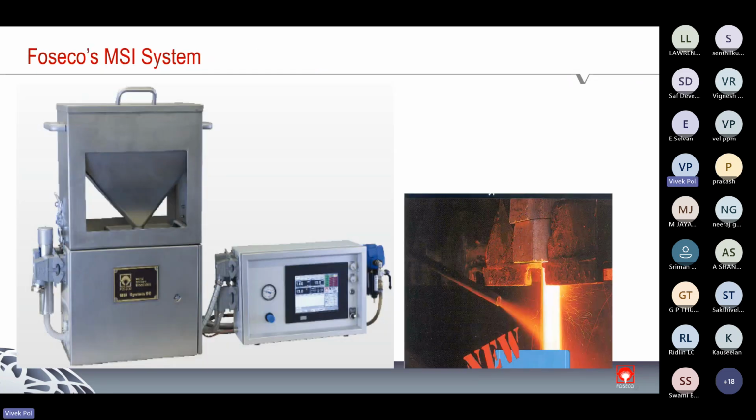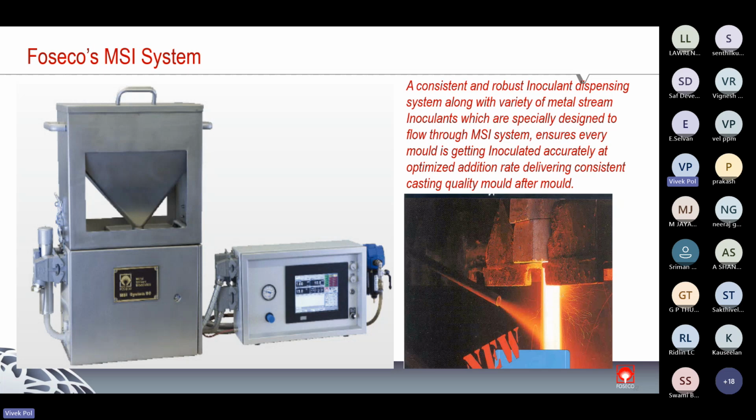And this is what the MSI machine comprises: control unit, hot box, hopper with cabling set, and it has to be installed near the press for an unheated tundish, or even fixed machines which are mounted on rails. There also this machine can be used.